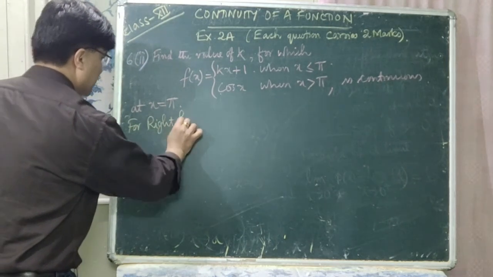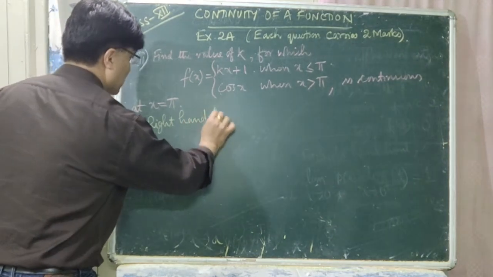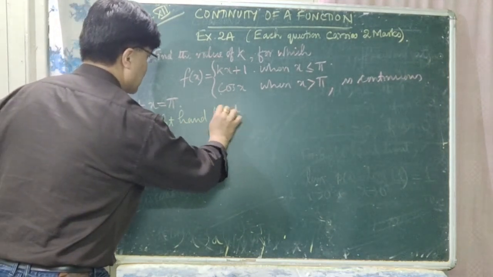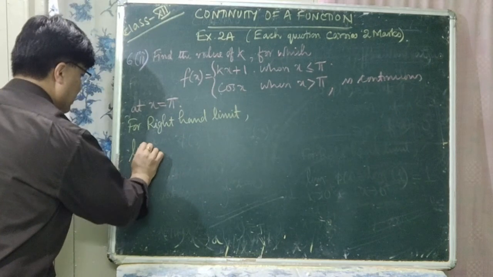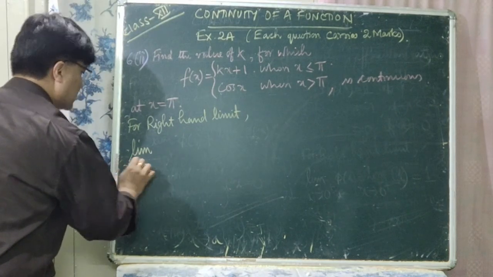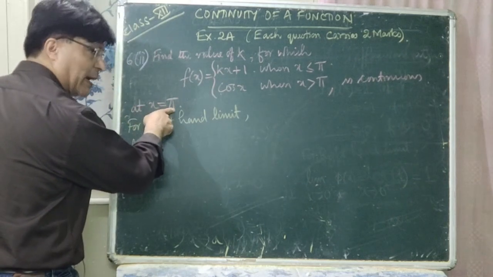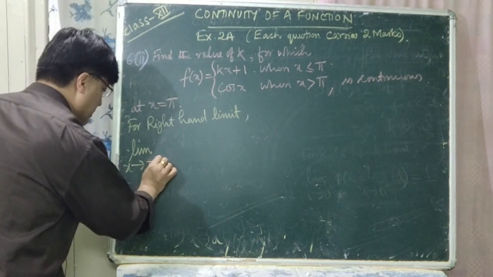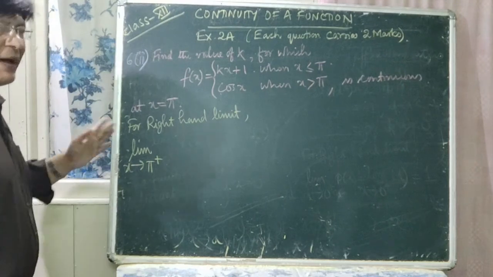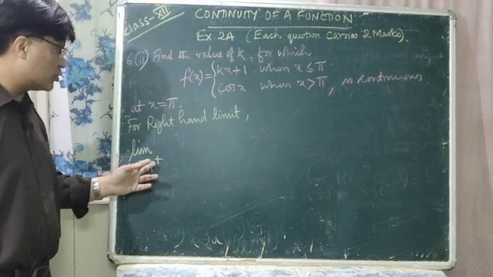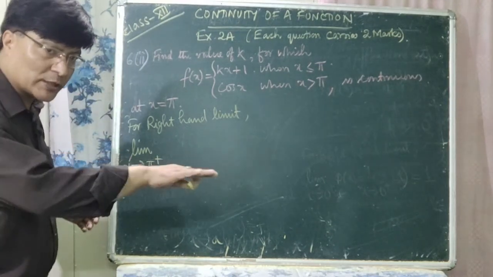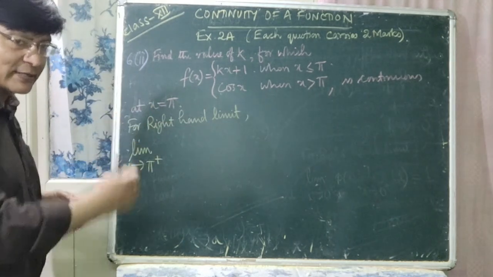For right hand limit, you can write down limit x tends to pi plus, since you are checking the continuity at x is equal to pi. X tends to pi plus, that is x is approaching towards pi from which side? From the right hand side.